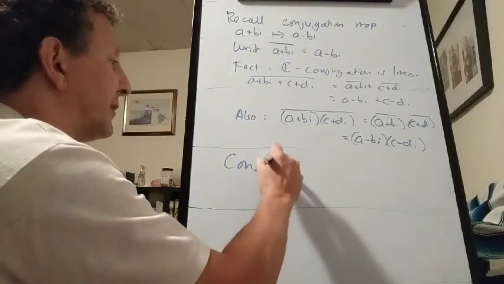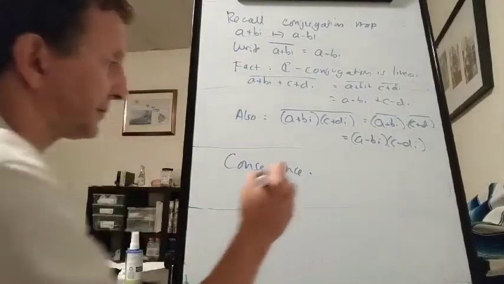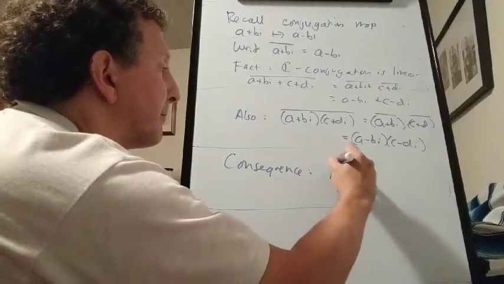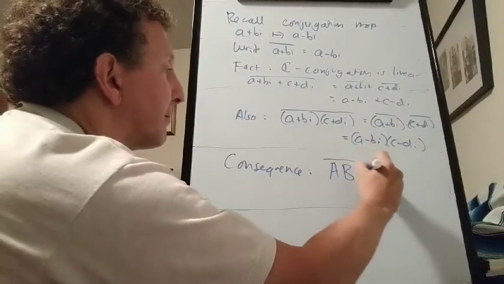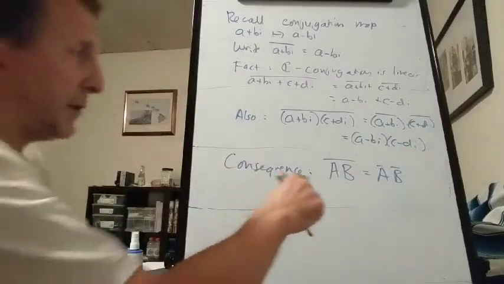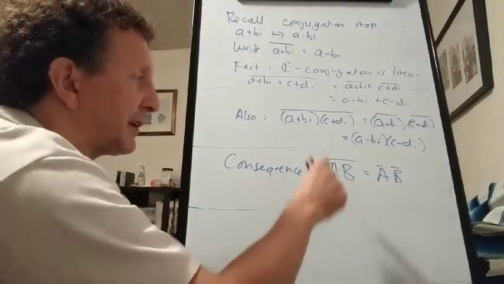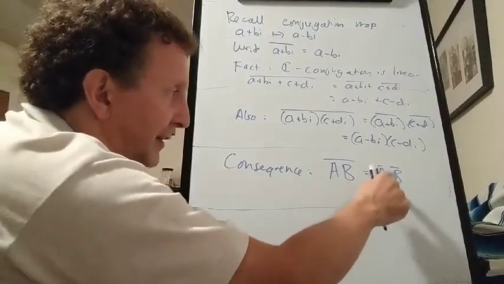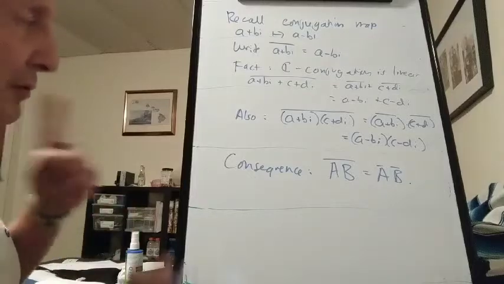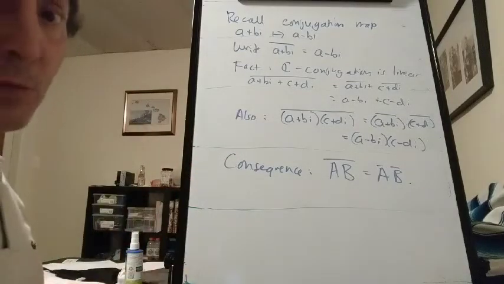So we have the consequence: if we have a product of matrices A, B, and we take the complex conjugate, it turns out to be the conjugate of A times the conjugate of B. I won't prove this, but the details are pretty straightforward if you want to try it.